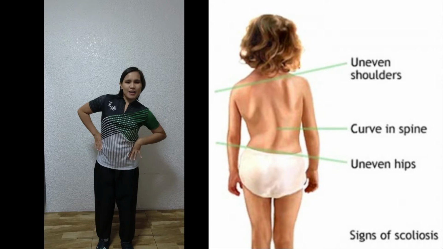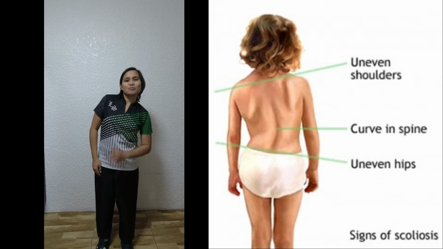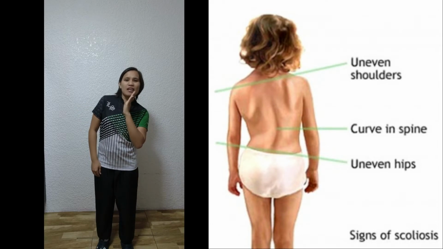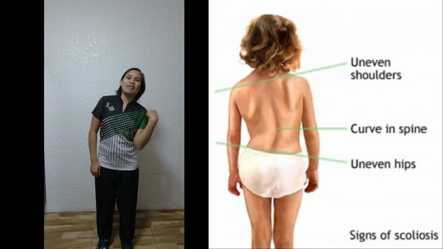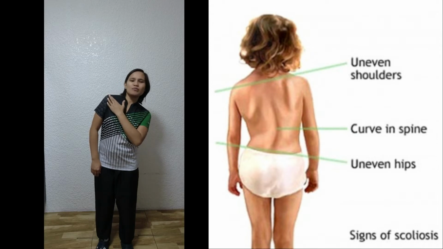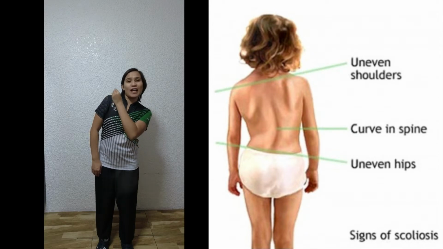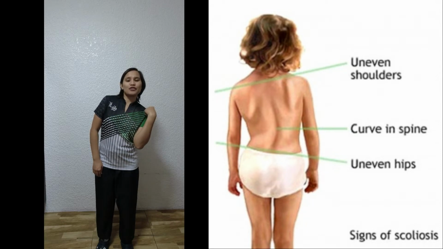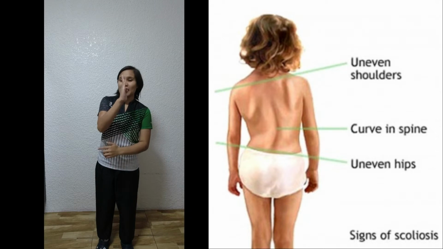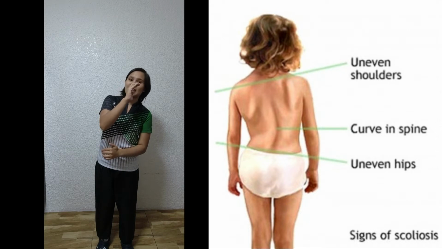Alright? So for example, I am positioned like this. So my shoulders and my hips are not aligned. It's because my spine is curved towards my left. Okay? So that would mean that my right shoulder is higher and my left shoulder is lower. So that would mean that my spine is actually curved like this.